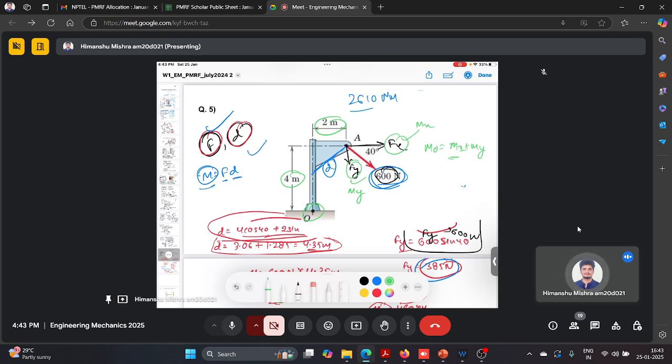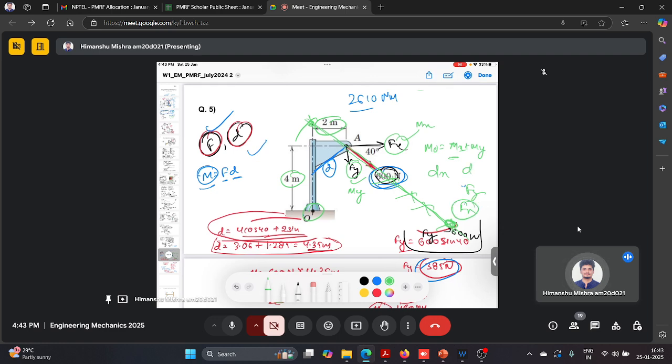Then we use another concept, that every force has its own line of action. So this force you can shift to either here, here, here, here, or even here. We shift to here, and then we repeat the exercise. We calculate Fx and Fy. We determine dx, the perpendicular distance to Fx.